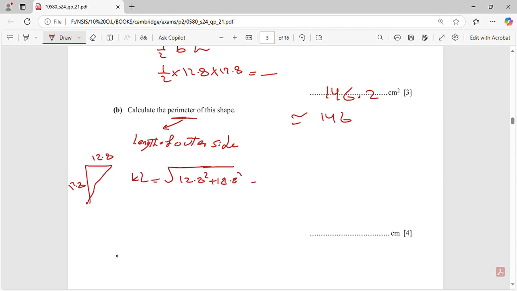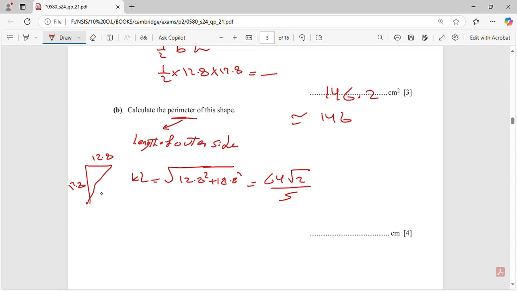We can try using our calculator: 12.8 to the power of 2, plus 12.8 to the power of 2 also, which equals 64 root 2 over 5. Why do I write down these numbers and not the decimal number? Because as long as the number is in surds or in fraction form, it keeps its value without shrinking the value. Okay, so now I know KL.